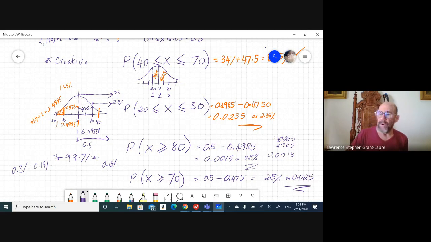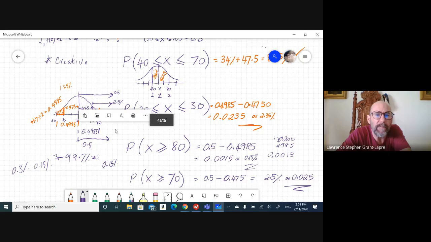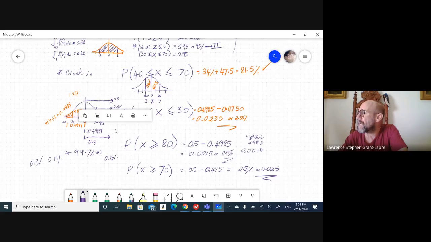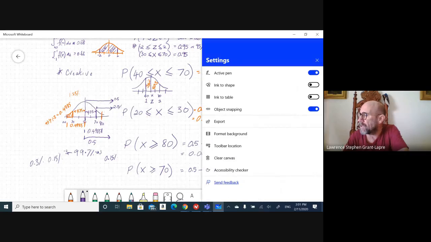So we've been looking at how the mean and the standard deviations work and how Zs can combine with them. I like to just save this image and start a new one.